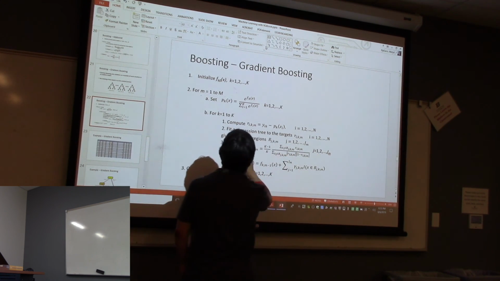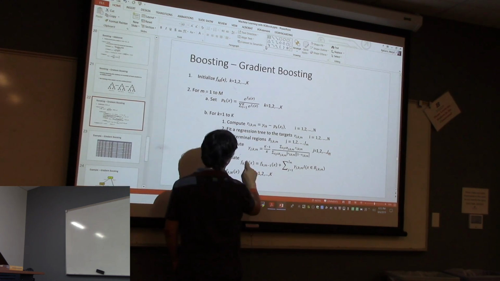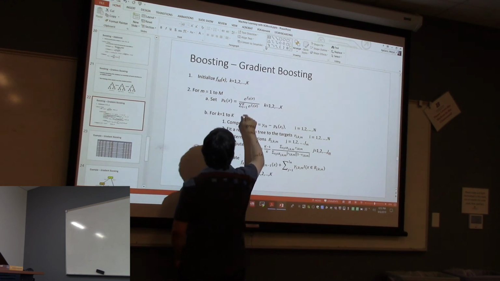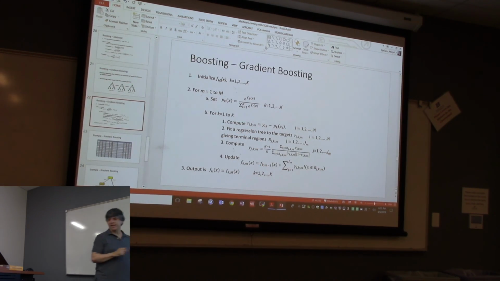This gives you the log of the odds that you add and apply. And this is not a probability, so you then have to use the softmax function to turn it into probability.